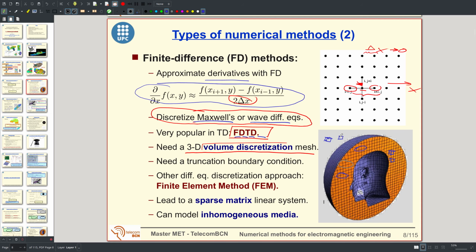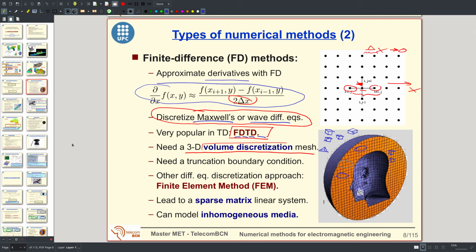Well, let's draw it better. Not like a surface in small triangles. You need 3-dimensional discretization elements like cubes, tetrahedrals, also very commonly used, non-cubic parallelepipeds like this, whatever, but volumetric elements, okay?